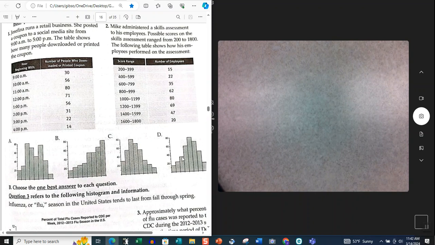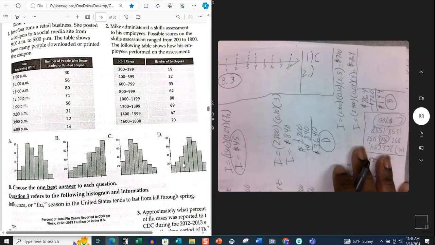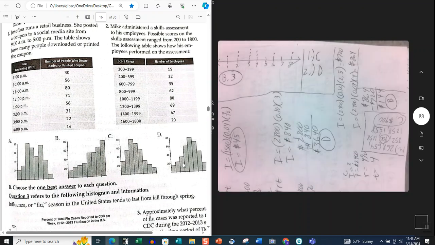If you look here, this bar is closer to 40 than it is to 20, but this bar here is about equal distance from 40 to 20. This bar here is a little bit lower, so it's actually a little bit closer to 20. So our answer here would be D for number 2.